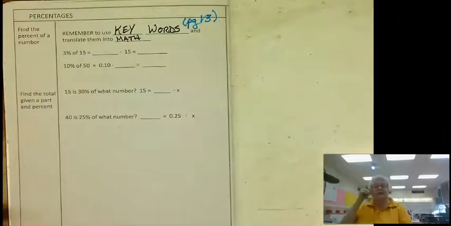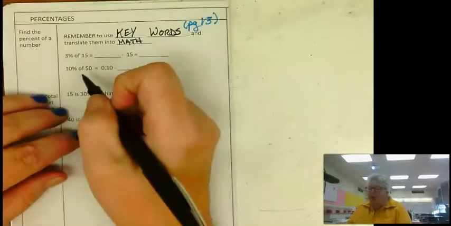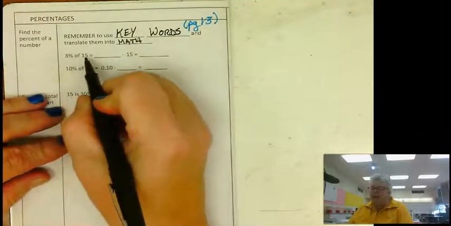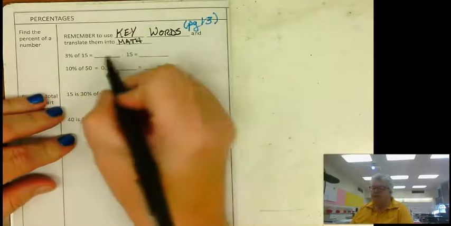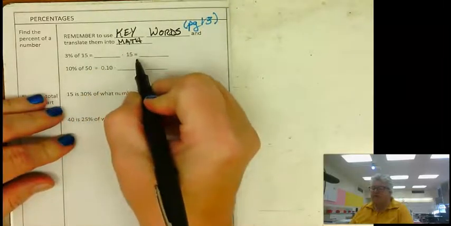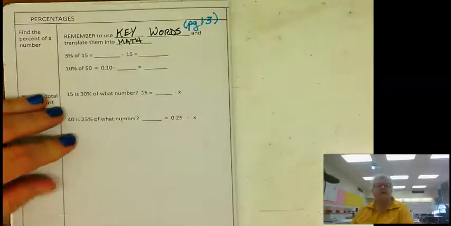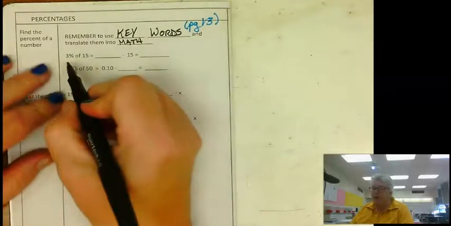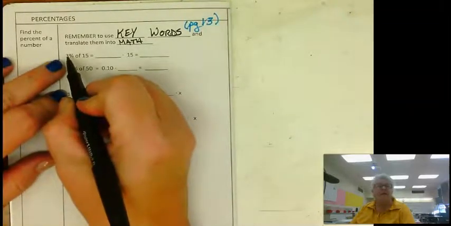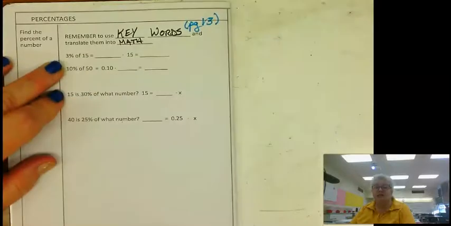All right, so let's look at this. 3% of 15 equals something times 15, and then you do the math and you get your answer. Well, we have to change this into a decimal because we cannot just do 3% times something.